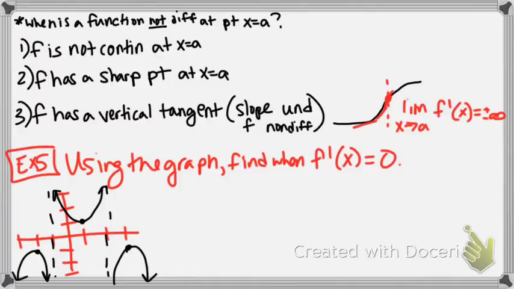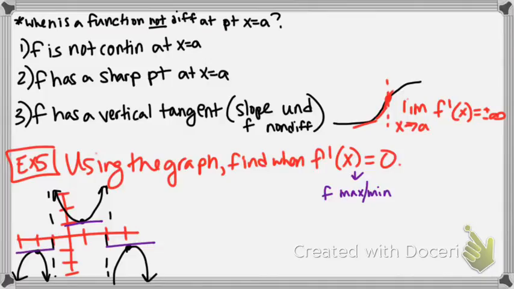Find when f prime equals 0. Well, for me, this should be super easy. F prime equals 0 anytime that f has a max or min. Not anytime, because you could have a sharp point and then f prime is undefined. But for f prime being 0, I'm looking for a maximum or minimum. I always draw my tangents. I could draw a slope of 0 here, here, and here.